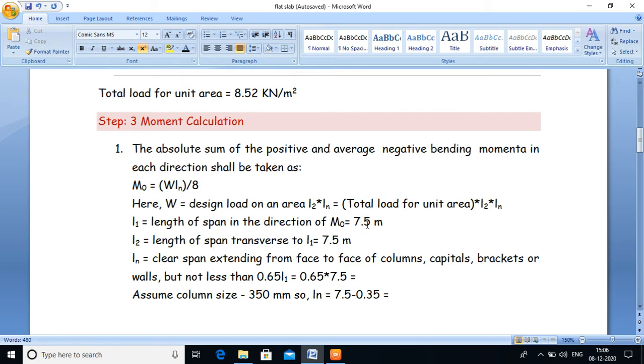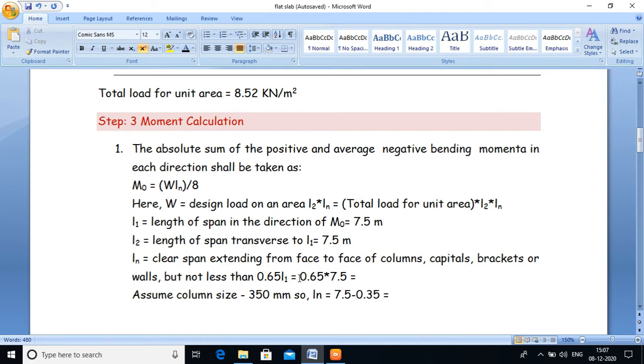L1 is 7.5 meter, L2 is the length of the span transverse, perpendicular or orthogonal to L1, that is 7.5 meter. Ln is the clear span extending from face to face of the column or the column capital or brackets or the wall, but not less than 0.65 L1.